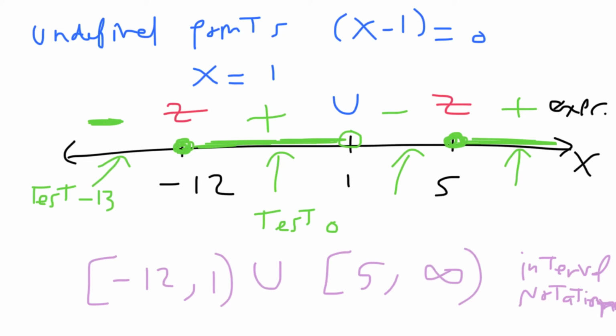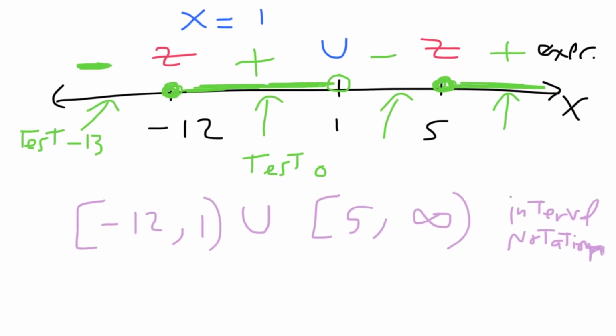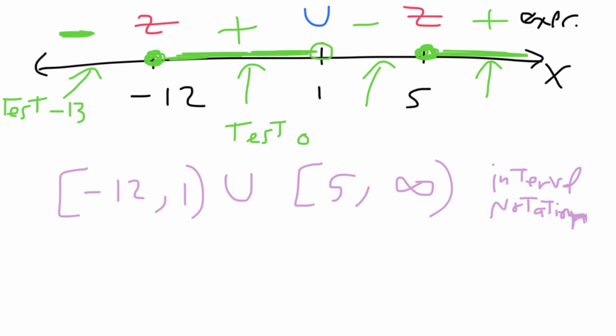Now what else? You can write this also as an inequality if you want. So let's try to write this as an inequality. I can write that x is between minus 12 and 1, and this is closed end, that's why there's equal. Remember, in a compound inequality, the small value has to be on the left, the big one on the right, and that's how you write the inequality sign.